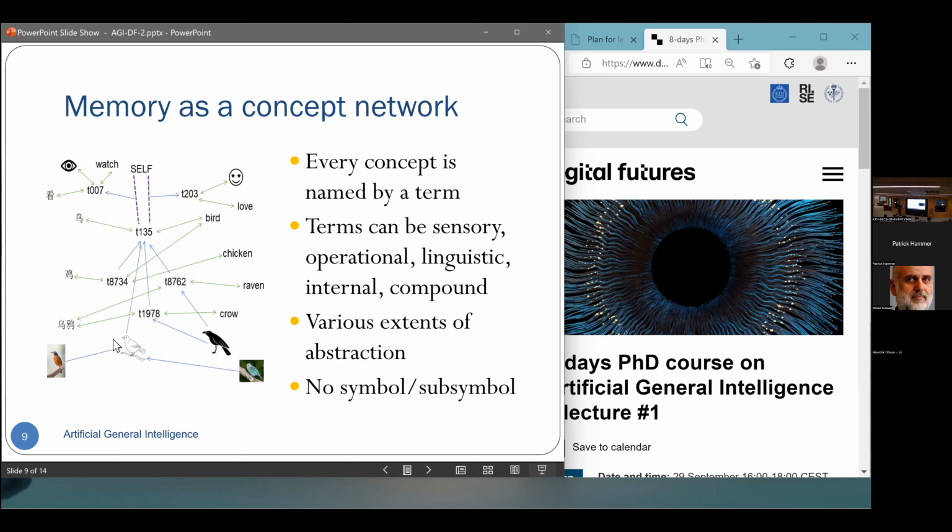For example, this kind of drawing is already an abstraction from your actual experience. So it's more like a continuum than a discrete separation. And we will see more about it, and also about the links, later.